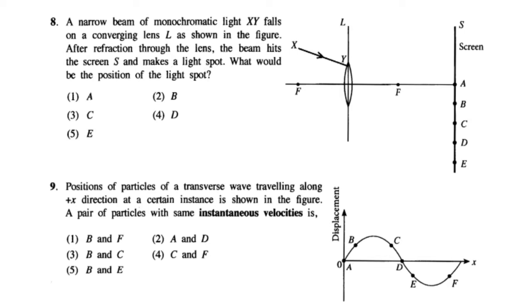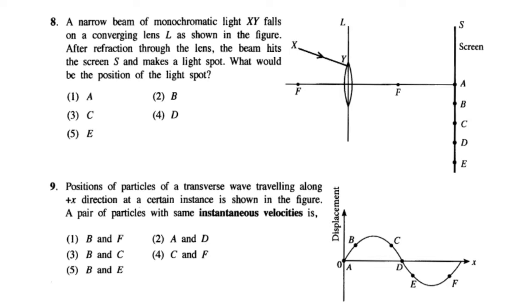If you draw the shifted wave, you can see that B's position has been shifted downwards, C upward, E upward, F downward. When you think of the instantaneous velocity, it has a magnitude and a direction.